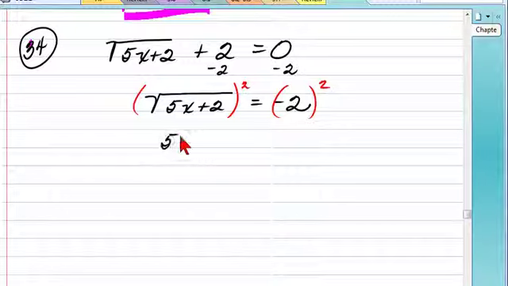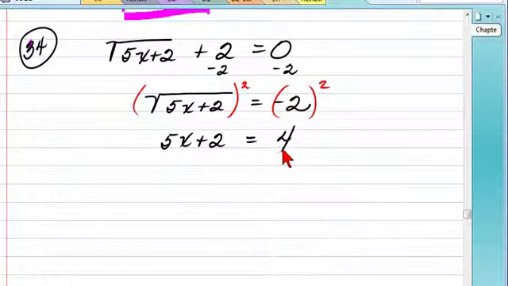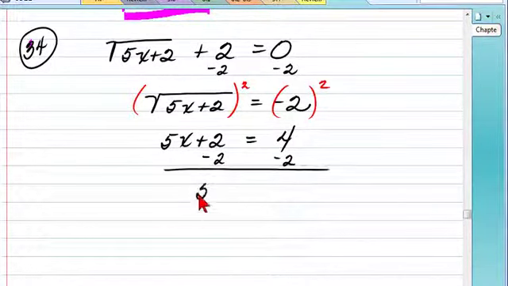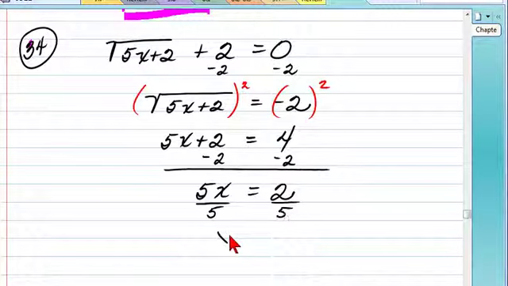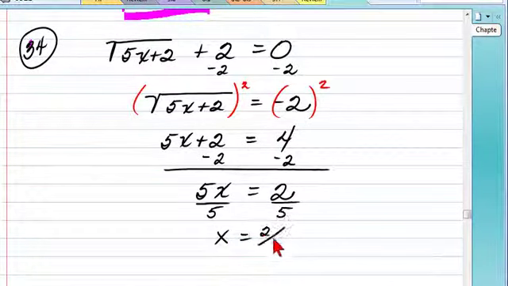That's going to give me 5x plus 2 is equal to positive 4. It's linear. Subtract 2. I have 5x is equal to 2. Divide by 5. Don't cry. x is the fraction, 2/5.